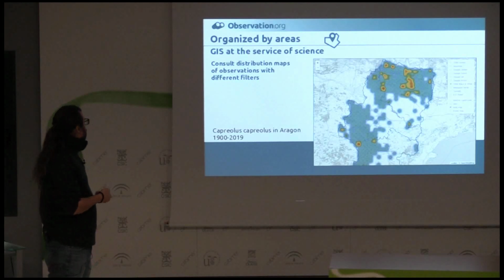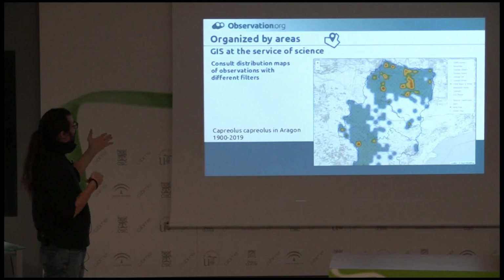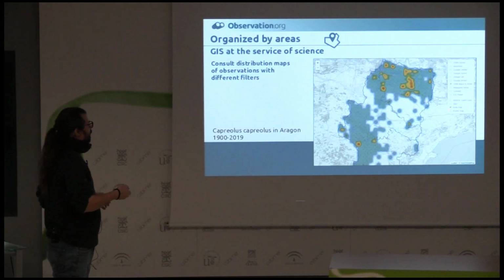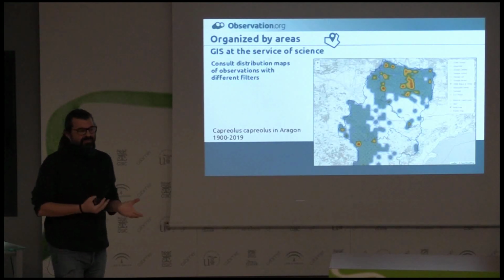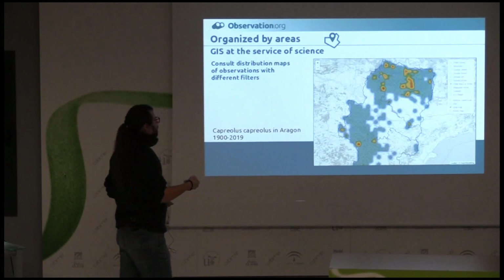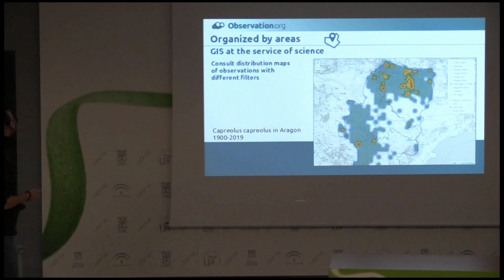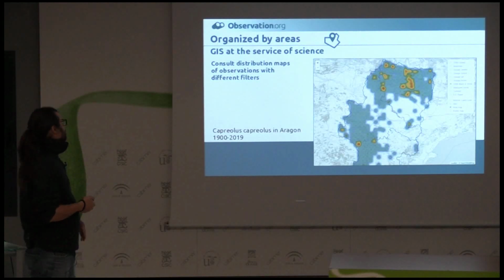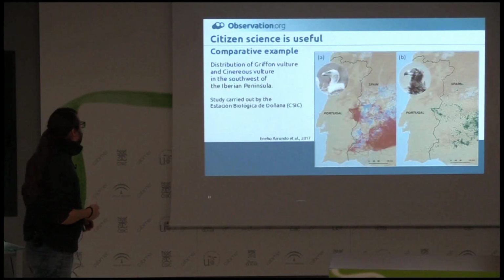And also, the platform tries to generate some heat maps. It's not real kernel software going underground. It's just a simple heat map. But you can, for example, do a quick query, something like the Caprolus here in Aragon, and you can play with the filters and just see how things are going.